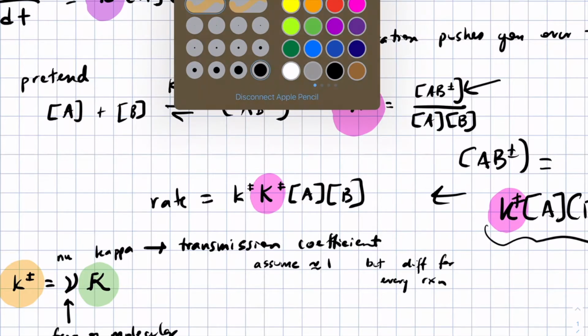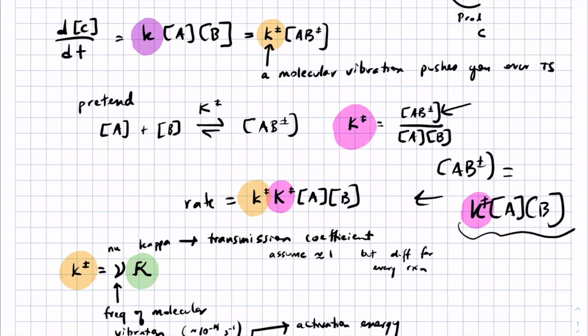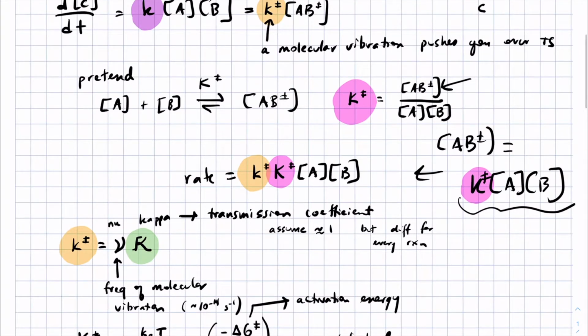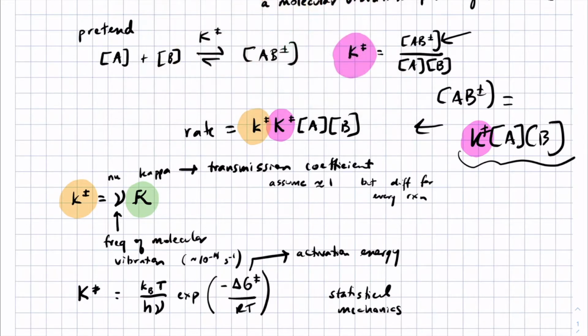I am sorry, I'm confusing myself. Okay, so I think we have five different Ks because we have your friend and mine, the Boltzmann constant.